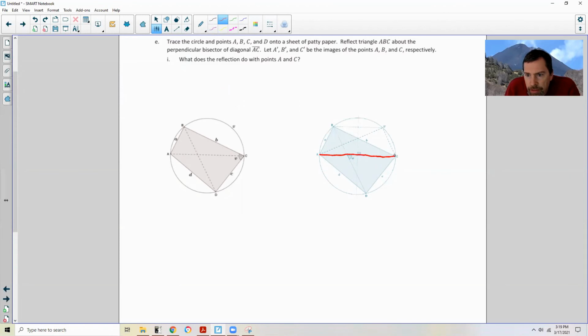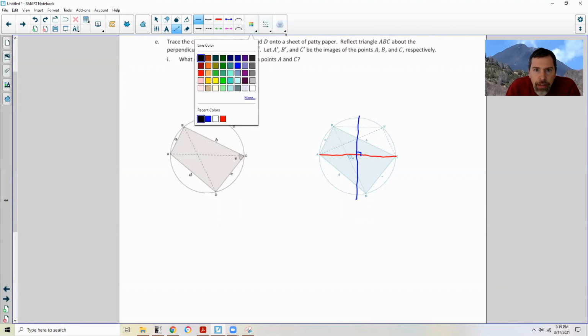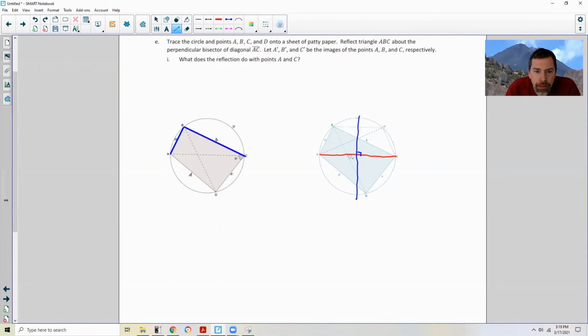This is AC, and this is the perpendicular bisector to AC right there, shown with that right angle. So we're going to reflect triangle ABC, which is right here.